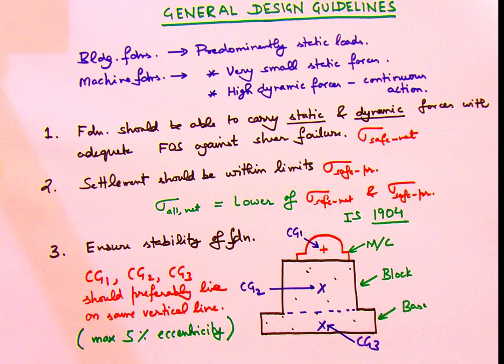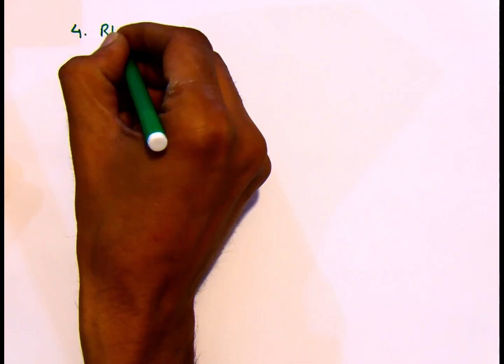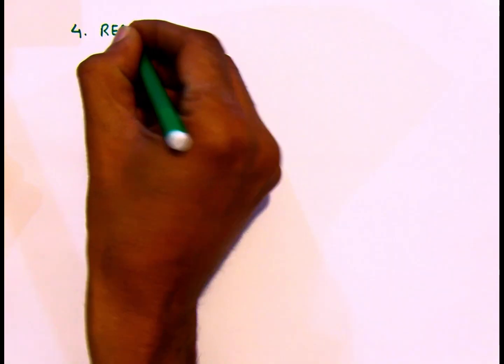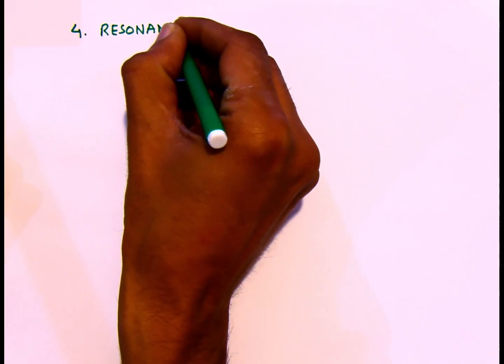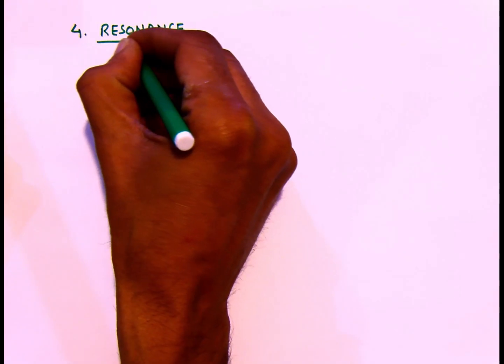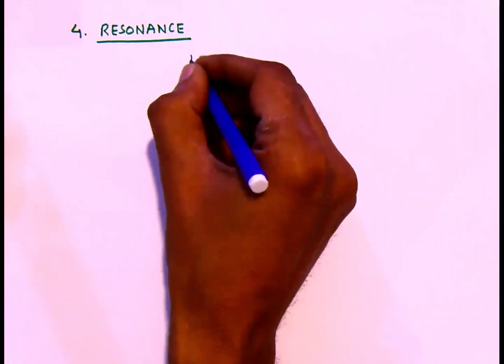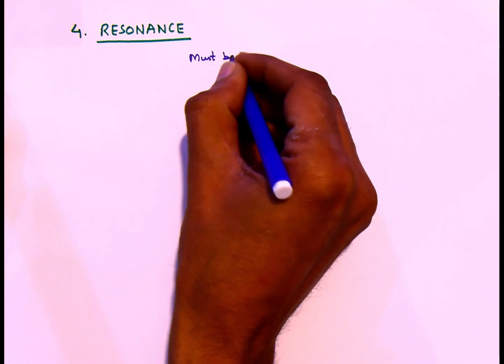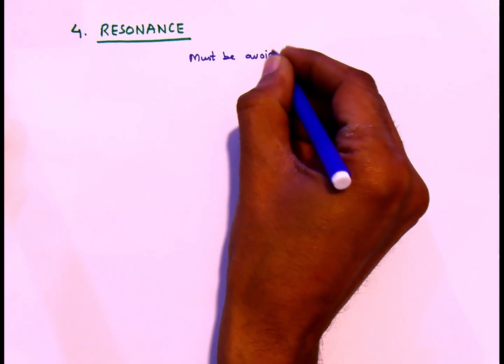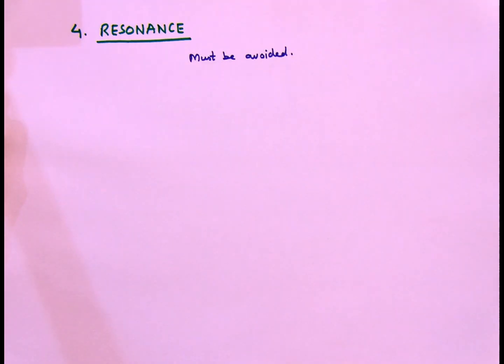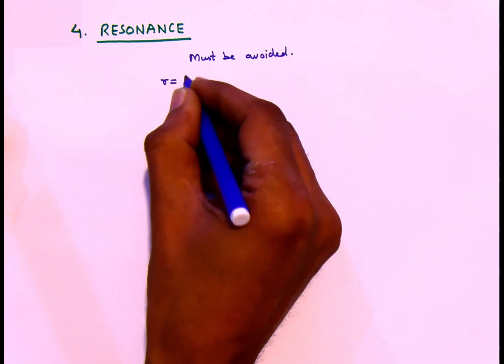If it is not possible for these CGs to lie on the same vertical line, a maximum of 5% eccentricity could be allowed. The next most important design consideration is the avoidance of resonance. Because the machine is continuously operating, it's very important that its operating frequency should be away from the natural frequency of the system comprising the machine, foundation and soil.